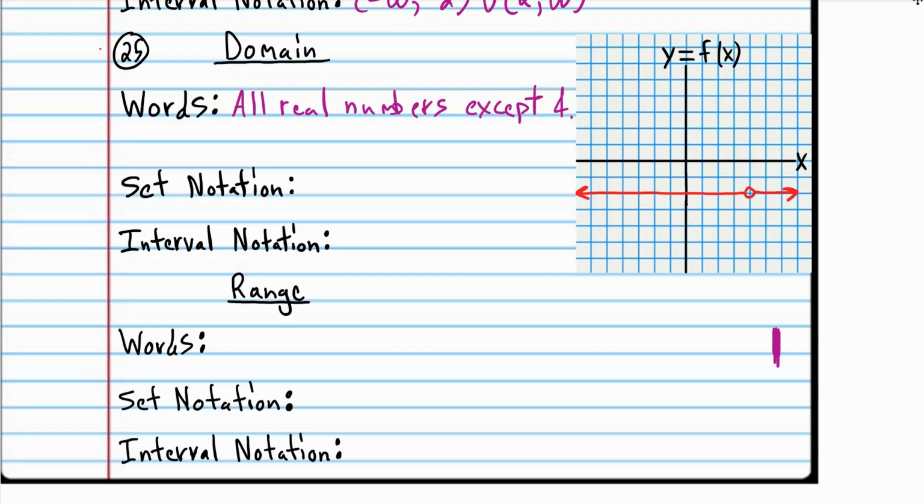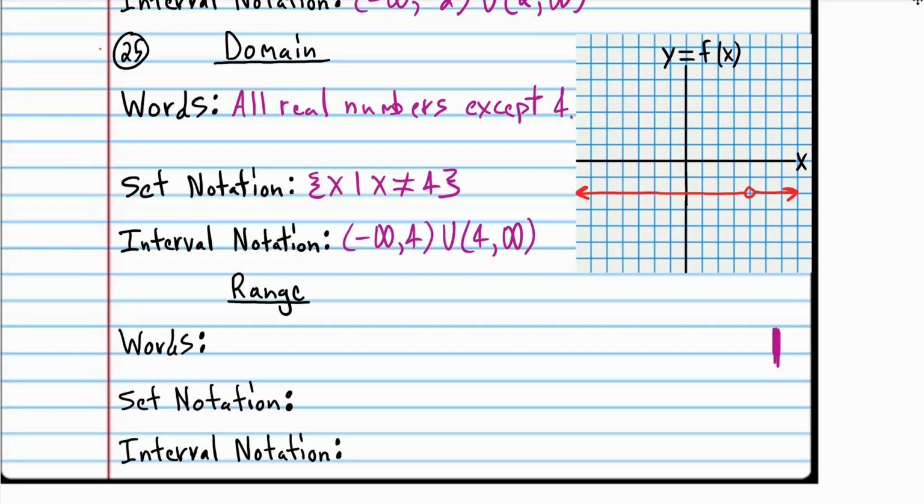So the domain is the set of all x values such that x is not equal to 4. So what that means is x can be anything other than 4. In interval notation, we say negative infinity, comma, 4, parenthesis, union, parenthesis, 4, comma, positive infinity.